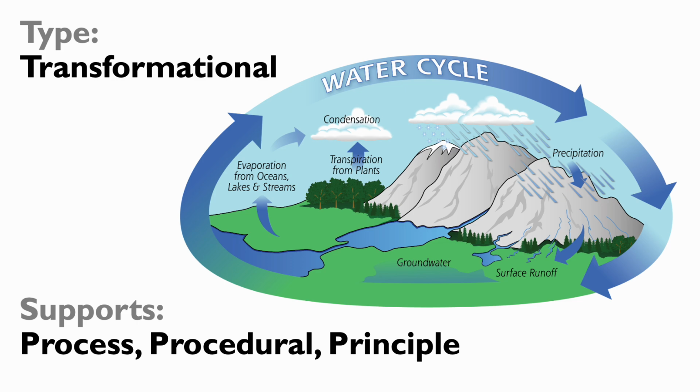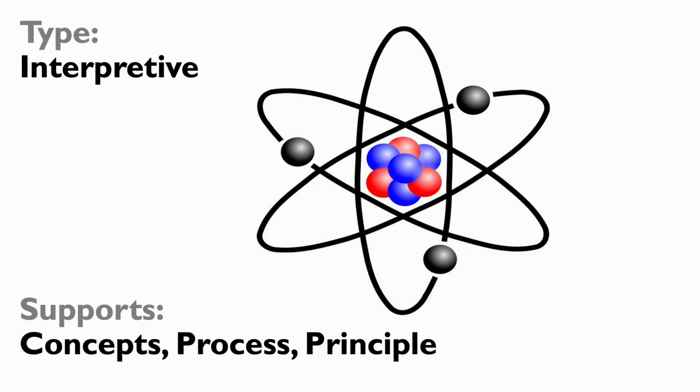Then another category of graphics are transformational, and these are graphics that are used to support the learning of processes, procedures, or certain principles. So here's a common graphic depicting the water cycle. And finally, the last category are called interpretive graphics.